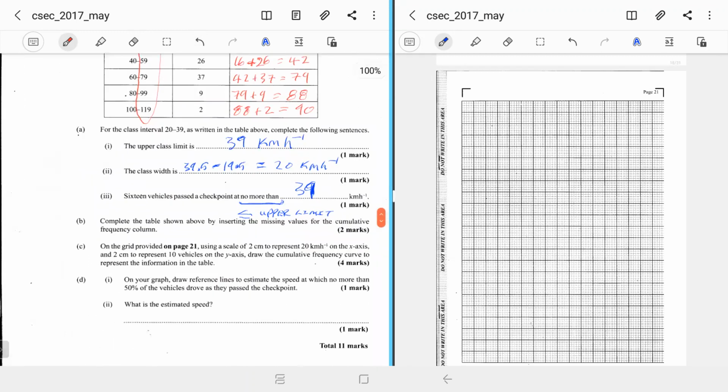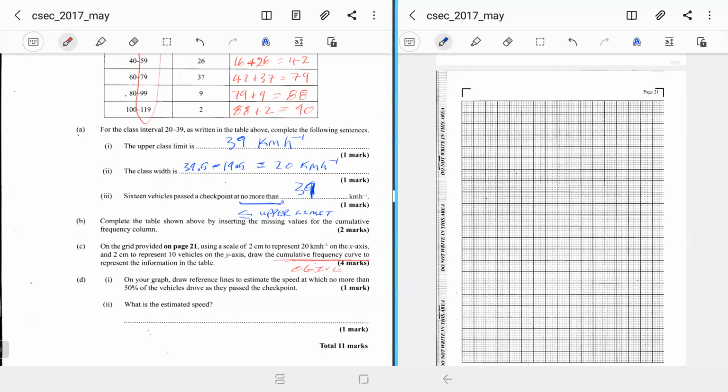Then now, naturally, when you draw the graph, next, right? It says on the grid provided, use a scale of 2 centimeters to represent 20 kilometers per hour on the x-axis and 2 centimeters to represent 10 vehicles on the y-axis. Draw a cumulative frequency curve, an Ogive. They want us to draw the Ogive. All right. So let's go. Let's draw that Ogive.